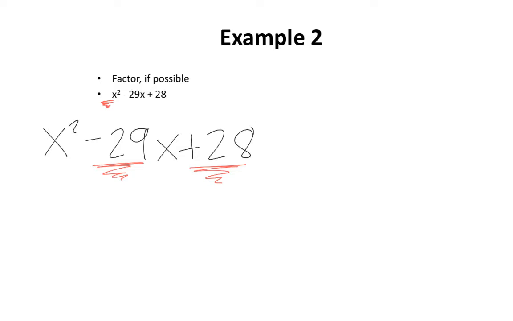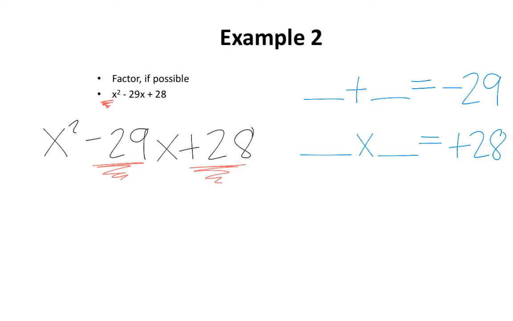You want to find two numbers that when added together will give you negative 29, and the same two numbers when multiplied together will give you positive 28. You'll need to use your times tables as well as some guess and check to figure out these two numbers. I've gone ahead and done that already.